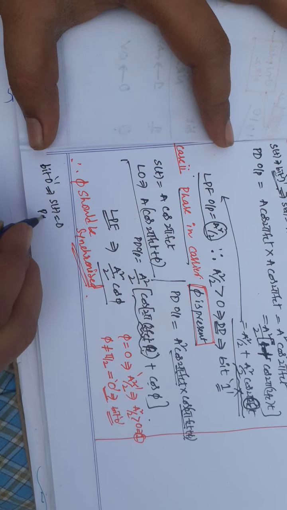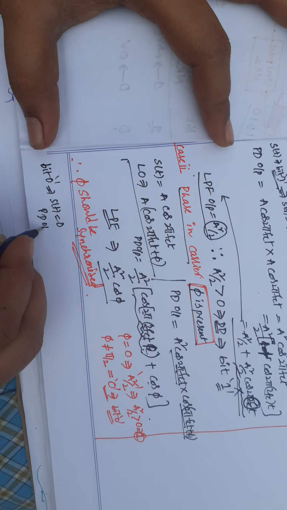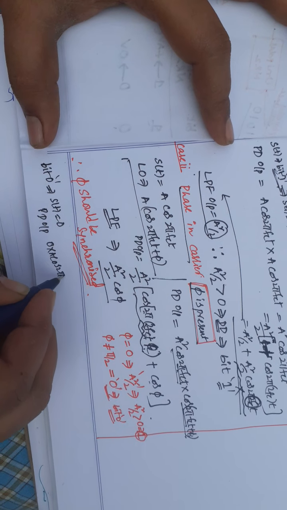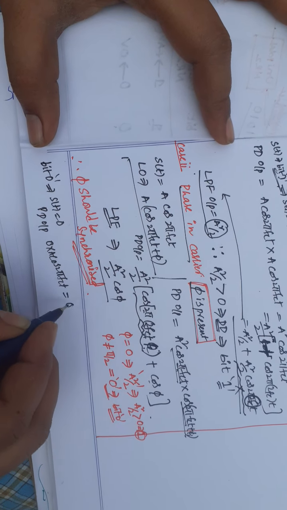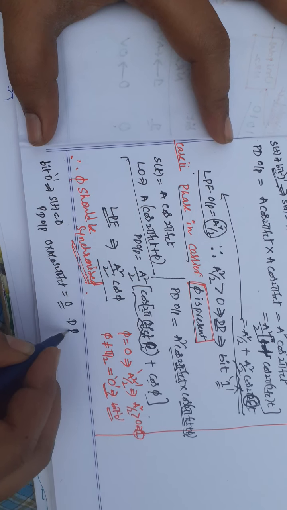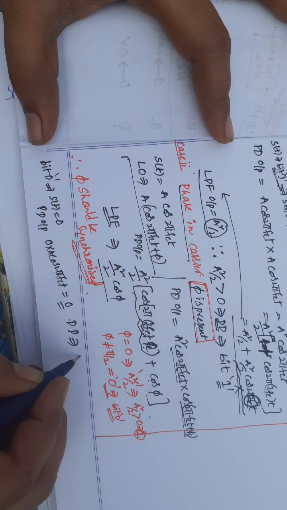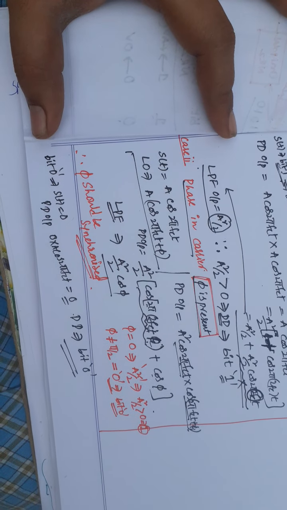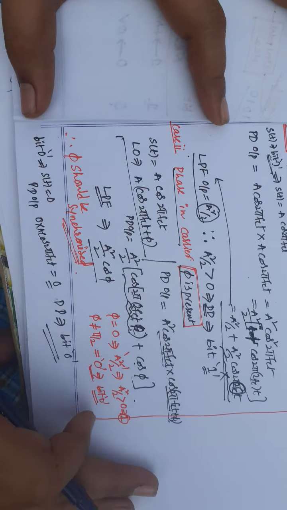Here the product detector output is 0 multiplied with A cos 2 pi fct, so you will get 0. Comparing 0 with the threshold 0, the decision device produces output bit 0. This is the operation of coherent ASK.